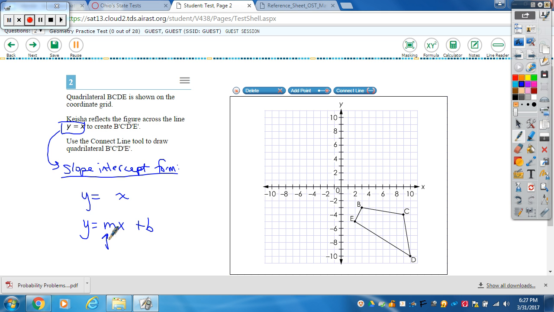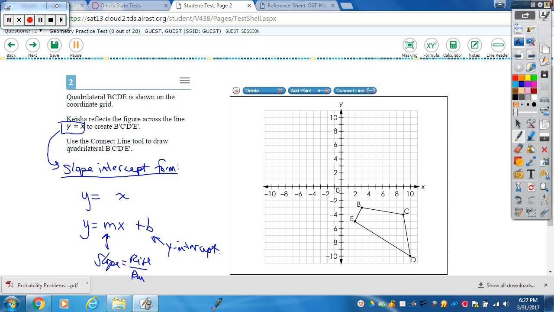And remember m, that is the slope, which would be rise over run. Okay? And b is the y-intercept. Again, I apologize for the sloppiness of my pen, but it's the best I can do.